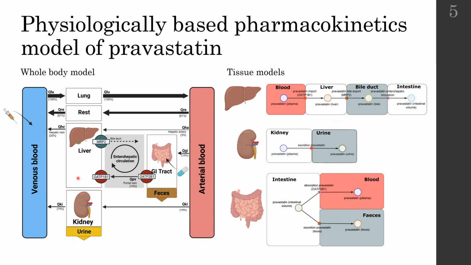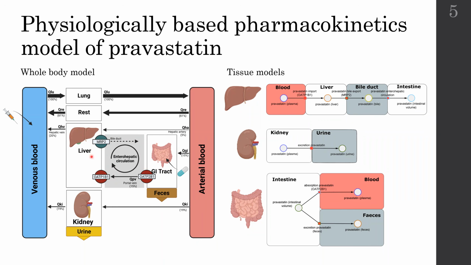In the liver, pravastatin is almost not metabolized, and it does its inhibitory activity on the HMG-CoA reductase. From there, pravastatin can be either transported into the venous blood via the hepatic vein, or it can undergo enterohepatic circulation. That is, it will become excreted into the bile duct via MRP2, so that it will reach the intestine anew, and this process will be repeated until there is no pravastatin left in the body.